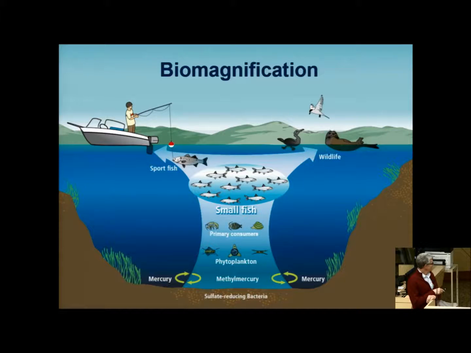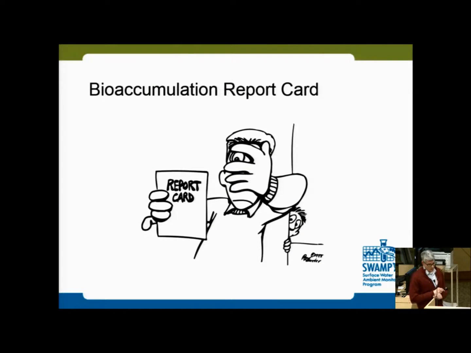And then the consumers of the phytoplankton are a little bit higher in their mercury concentrations. Small fish that eat these little invertebrates are higher still. And then the piscivorous species that eat the small fish receive an even higher exposure. And then the highest exposure can be for people at the very top of the food chain. So that's the quick intro on bioaccumulation.